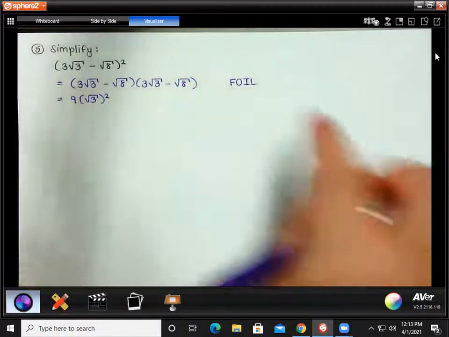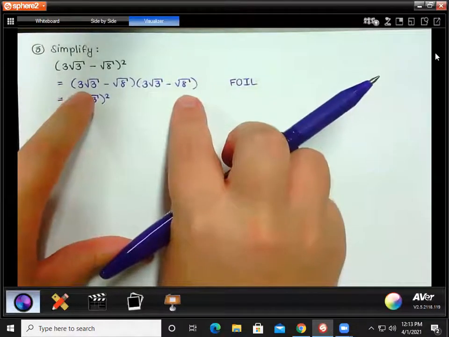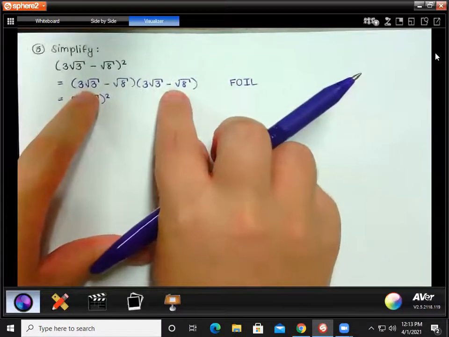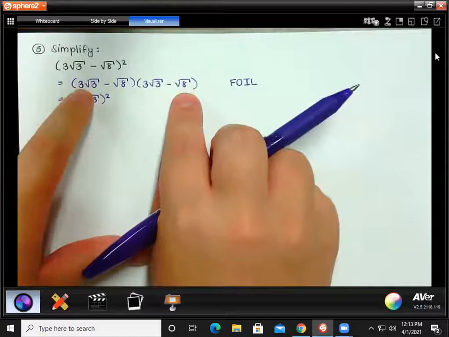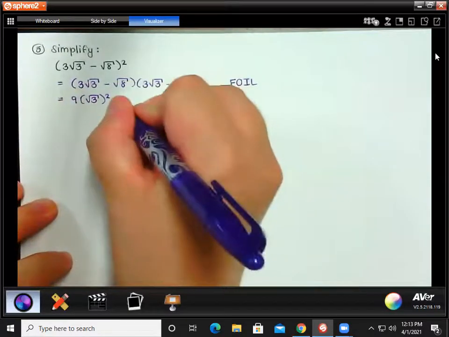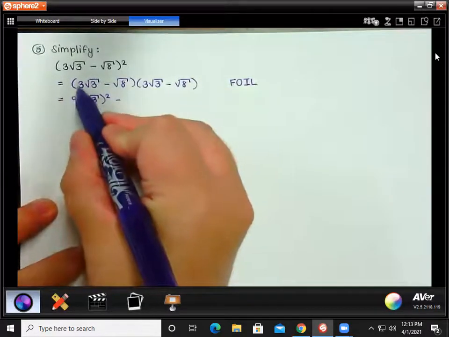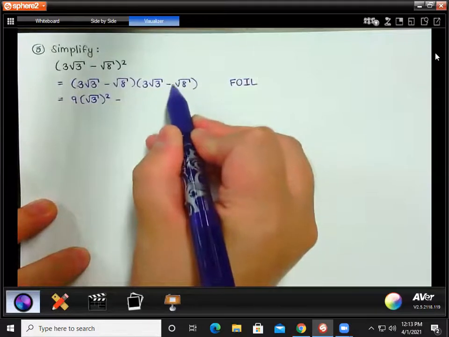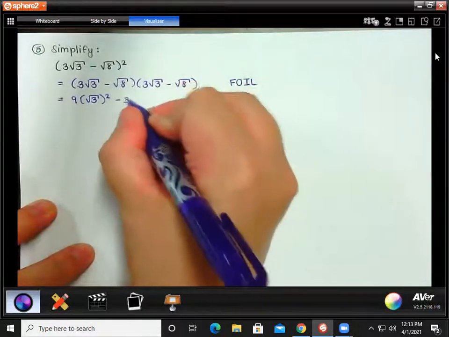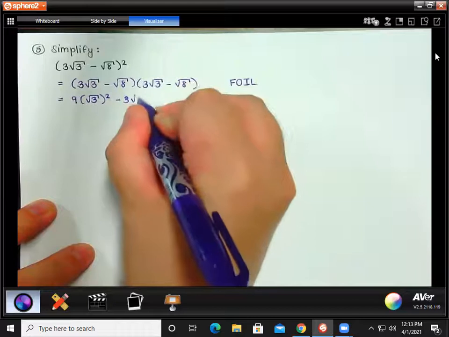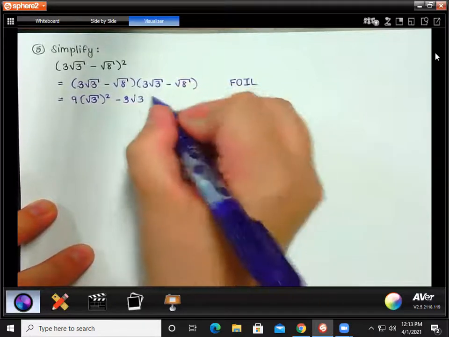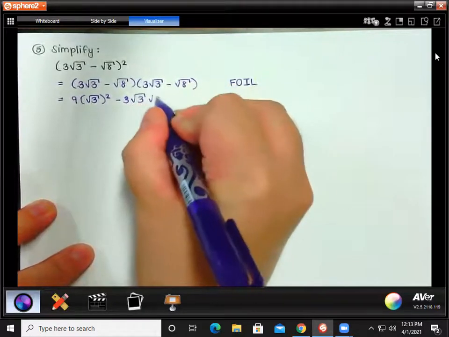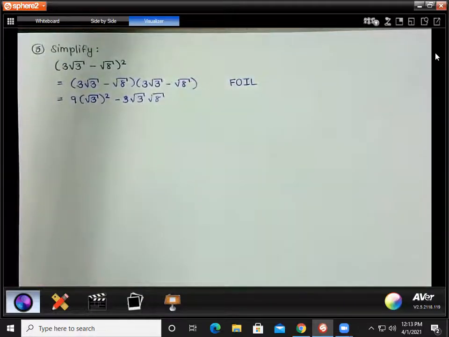All right, now we need to do O is outer. So 3 root 3 times negative root 8. What's a positive times a negative? Negative. 3 times, there's a 1 there in front, that would give you 3. And now we have the square root of 3 multiplied by the square root of 8.